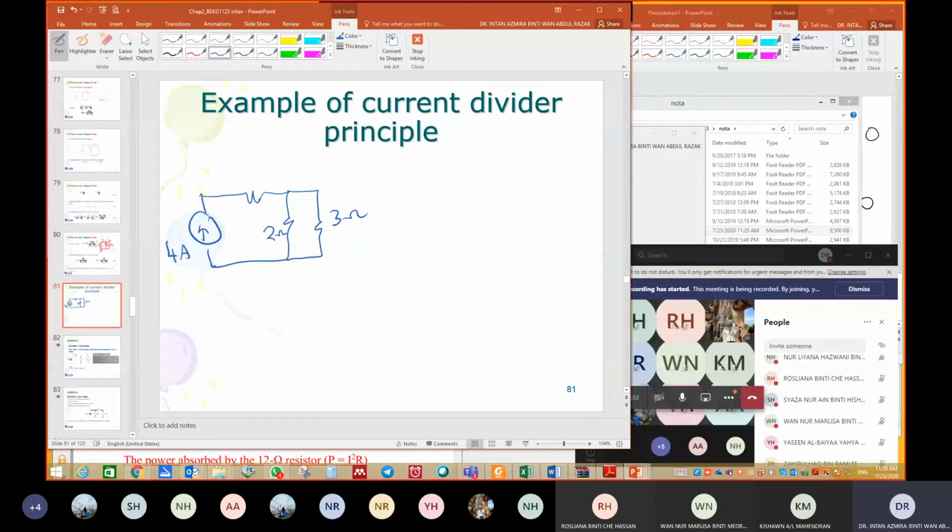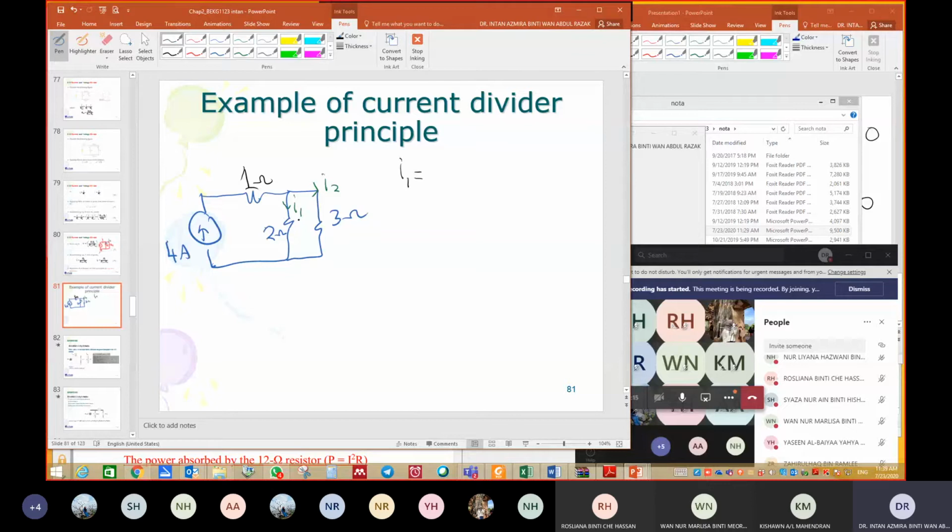So now find I1 and I2. This is, let's say, 1 ohm. How to find I1 and I2? I1 is equal to, this is I1.